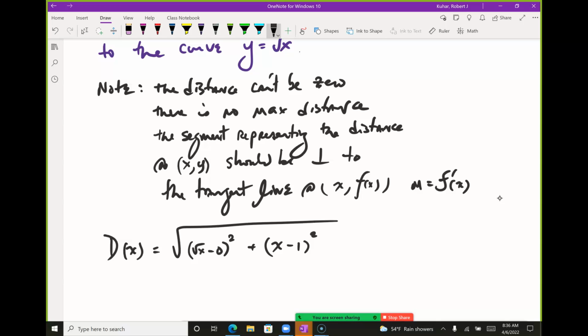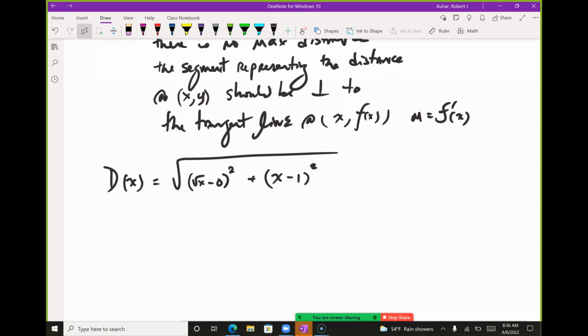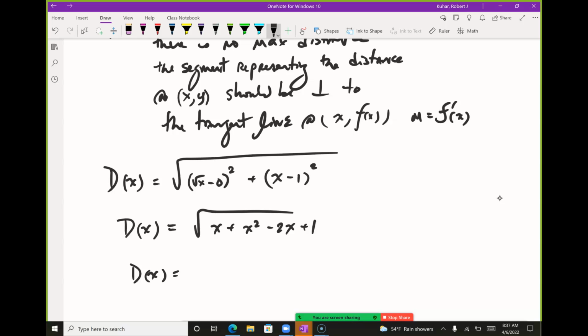And you see here I have a function of x, and that's what I need to do an optimization problem. I have to create a function of x. Most of the time it's a good idea to simplify this interior, so I will. So I get x plus x squared minus 2x plus 1. So I finally get my function that I want to minimize as square root of x squared minus x plus 1.